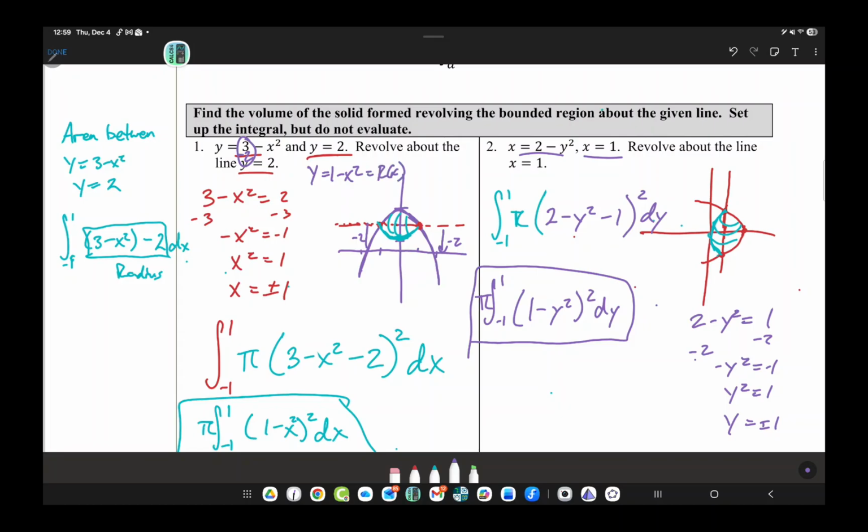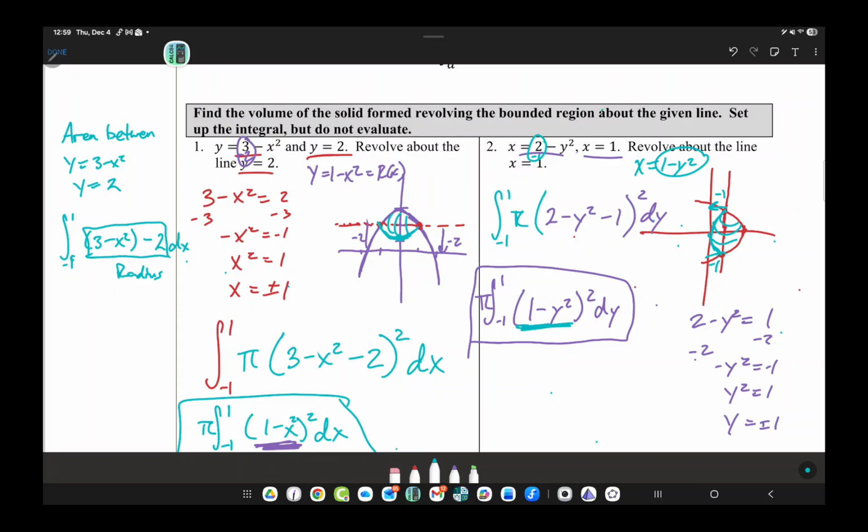Well, what did we have as the radius function? 1 minus x squared. Yeah. If I wanted to shift this to the left one, so down 1, I would subtract 1 from that 2. I get x equals 1 minus y squared. And guess what my radius function is? 1 minus y squared. So you can just shift the function onto an axis.